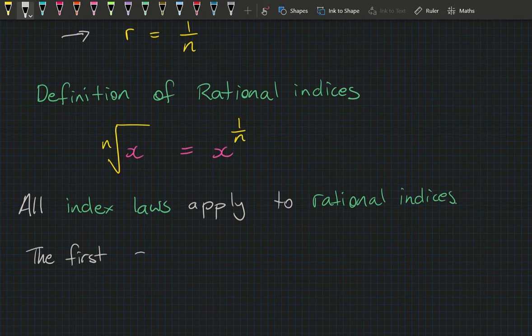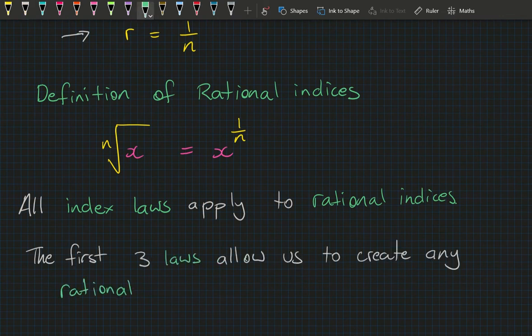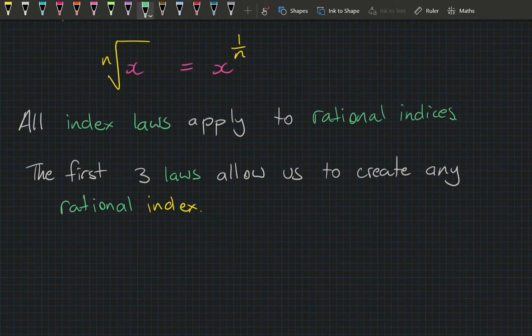And this means that the first three laws allow us to create any rational number as an index. So let's have a look at that using a whole number index with an nth root. By law 1, a to the m times a to the 1 on n is equal to a to the m plus 1 on n.